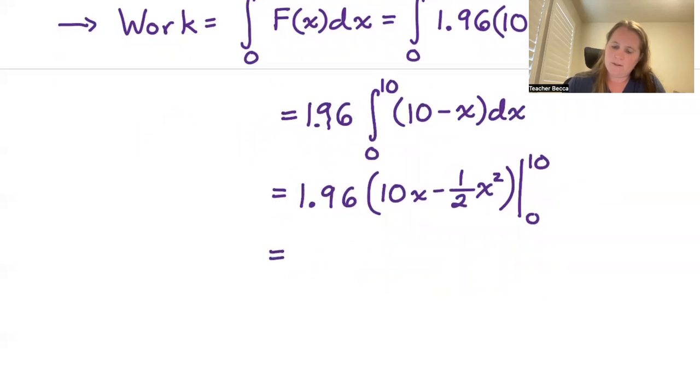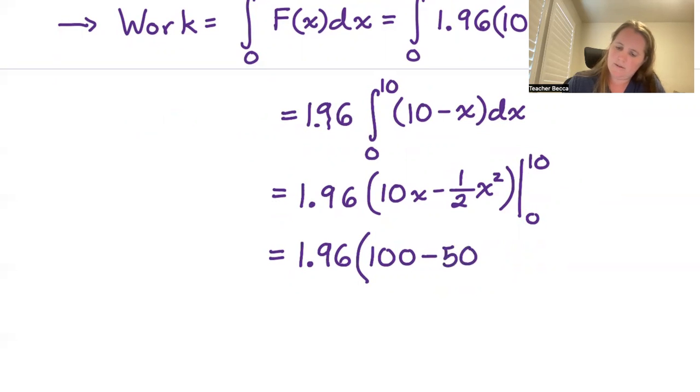This is 1.96 times 100 minus 50, and then from that we subtract 0.